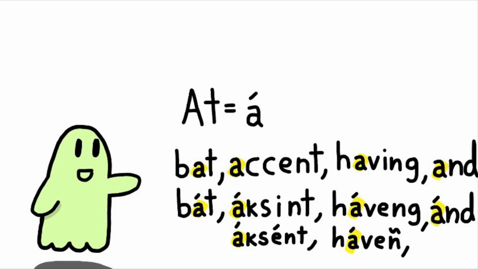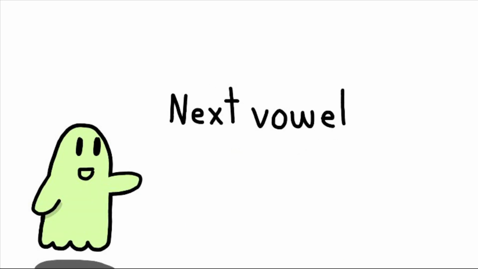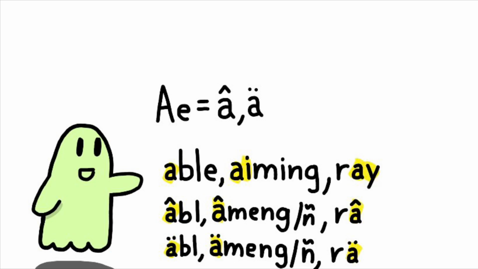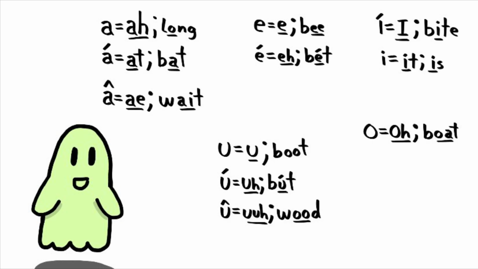This one has a single mark on top of it that looks like this. Next is the A like in able, aiming, and ray. This is denoted by either 2 dots like the German A or a little arrow pointing up like in the French A. And that's all the A's and where I'll stop for now. If you want to look at the other ones, you can pause right now and look at your screen for E, I, O, and U.